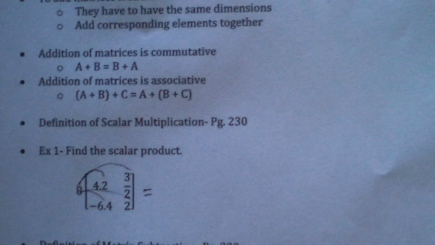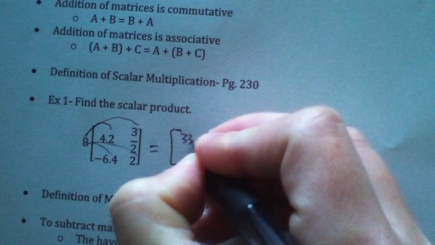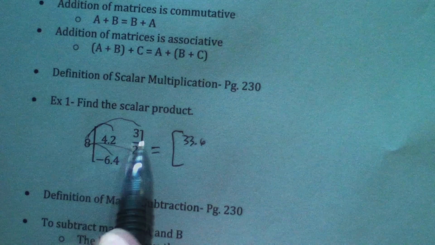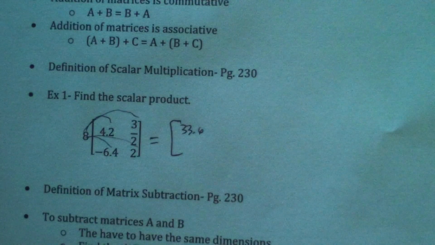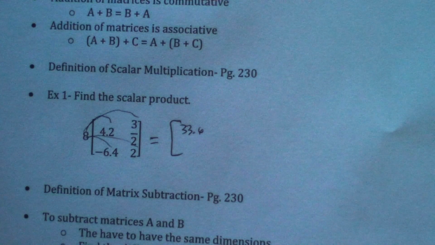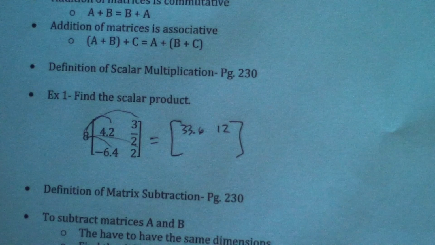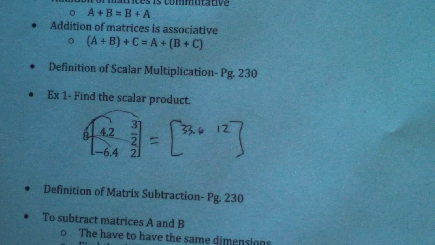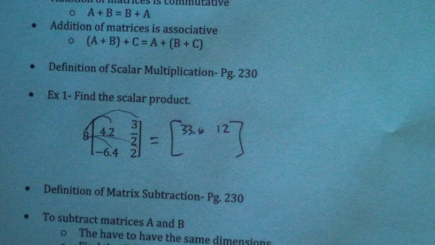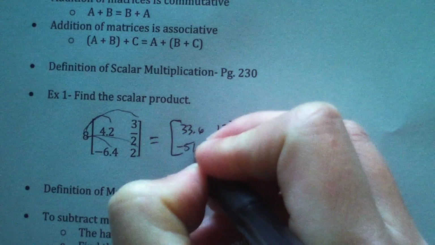So 8 times 1.5, or 3 divided by 2, which is 12. And then 8 times negative 6.4, negative 51.2. And then 8 times 2, 16 for the last one. So it's kind of just like distributive. You just take whatever number's outside there and multiply all the inside stuff by it, okay?